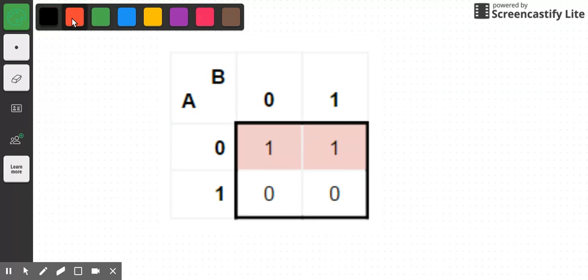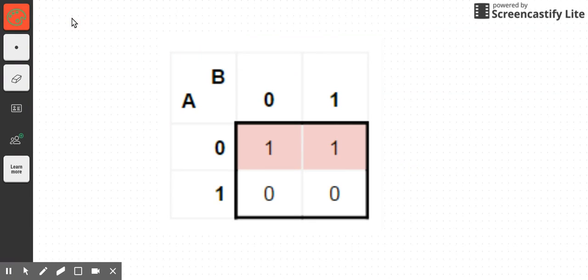All right, so here we can see another 2-input Karnaugh map. And here I have a group of ones here. And again, we are going to look at what values are consistent for this entire group.